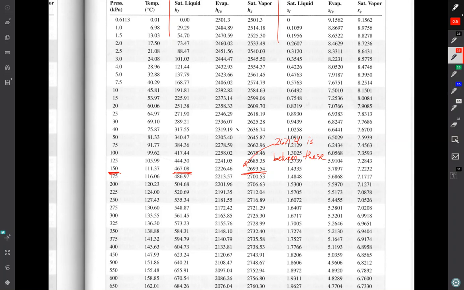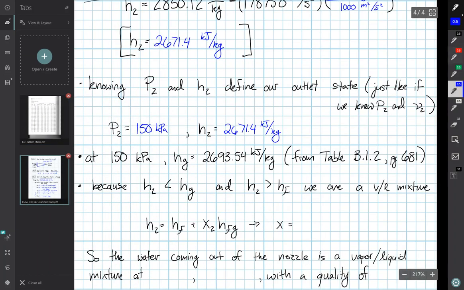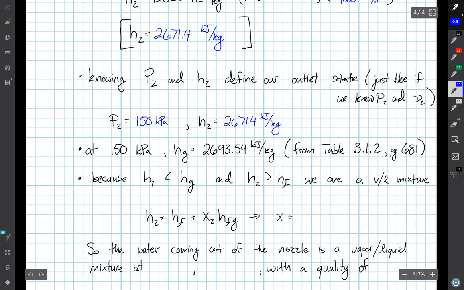We're some mixture, like a mostly boiled vapor liquid mixture. So then it makes sense to find what the quality is of our vapor liquid mixture, right? What's the fraction which is gas? So we can find the quality, right? Because our H2 is less than Hg, as we saw, it's more than HF. We're a vapor liquid mixture.